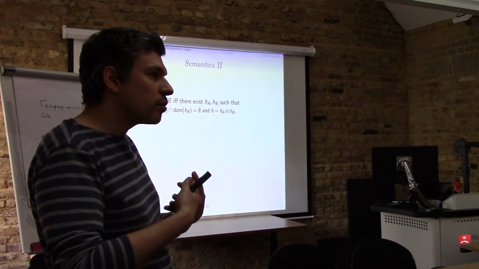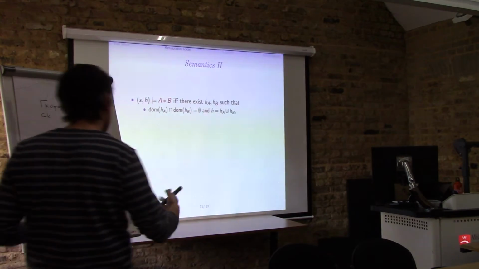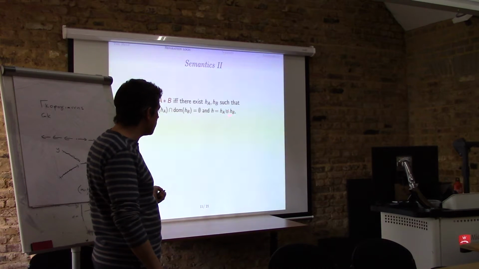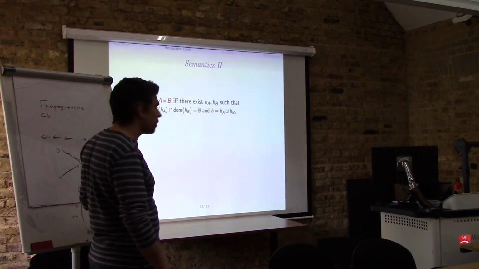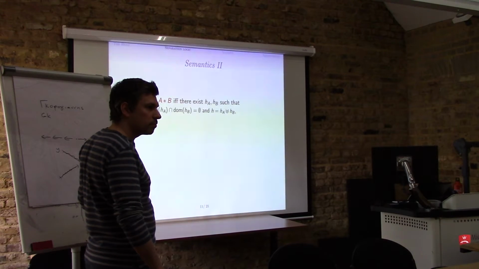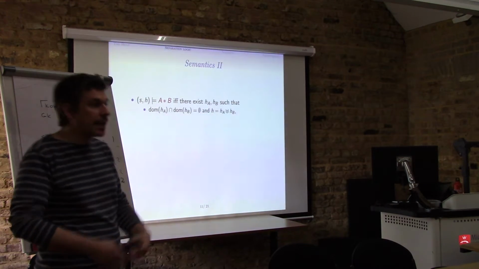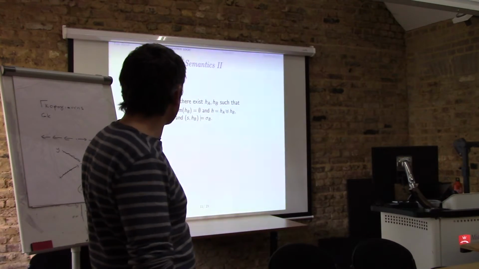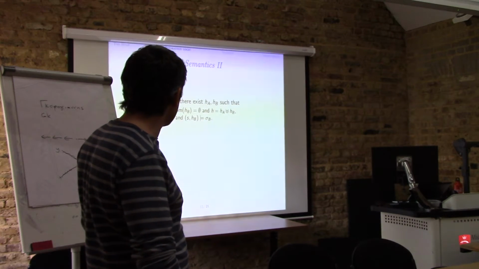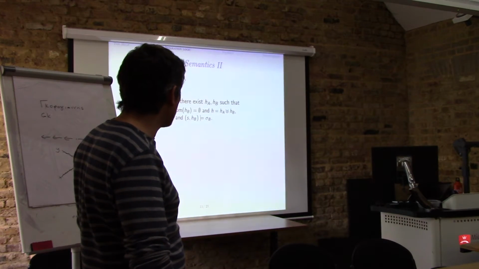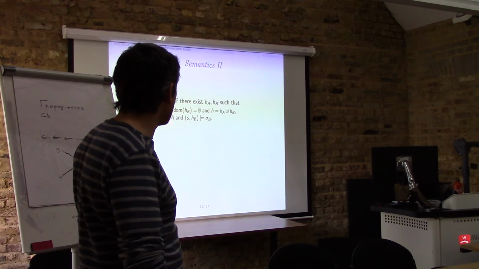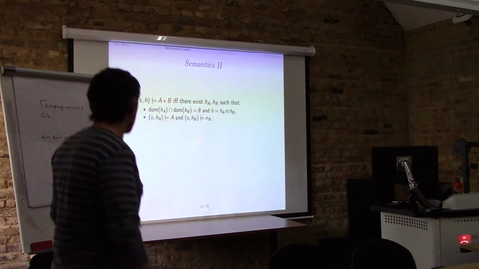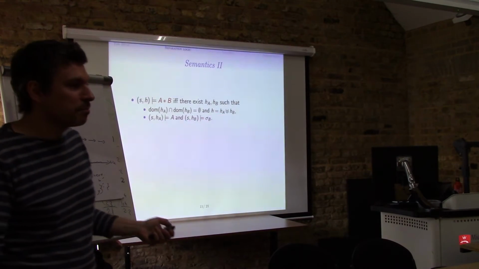The addresses that HA allocates and HB allocates are disjoint. And if you put these two heaps together, you get back the one you started with, H. So it's basically saying, can I split H into two disjoint parts, such that the first one with the same store satisfies the left formula and the other one satisfies the right one. That should have been B here, not sigma B.